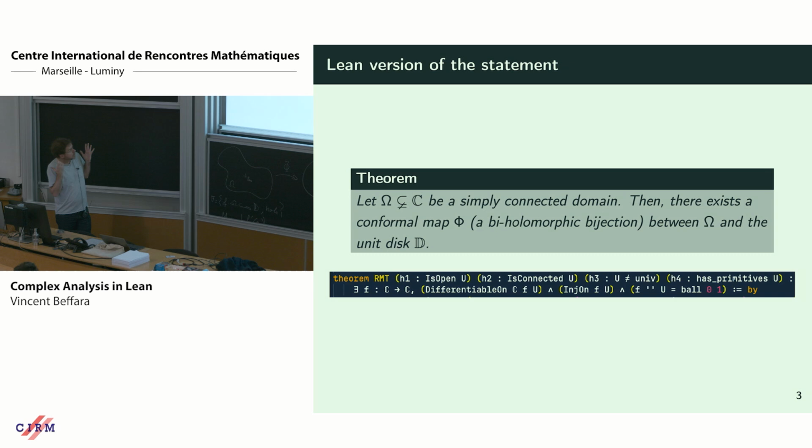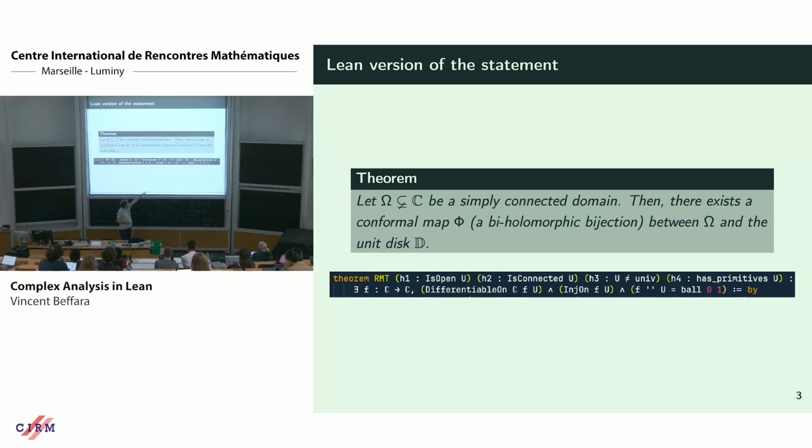And you assume that U has primitives in the sense that every holomorphic function on U has a primitive which is holomorphic. And for those who looked at these kinds of things before, this is where I'm cheating. This is the thing that replaces the simple connectedness assumption. Okay, then given these assumptions, there is a function which is differentiable in the complex sense on U. It's injective on U, and the image of U is the open ball centered at 0 and radius 1.